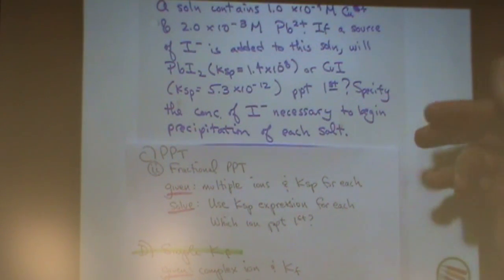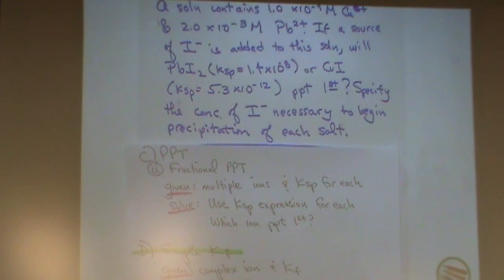Notice multiple Ksps are given. That's another hint, it's this kind of problem. You're going to plug it into the Ksp expression. Notice you know K for both, and then you know the copper concentration and the lead concentration. The unknown is the other ion that you're adding, in this case the iodide ion. The one that gives you the smaller concentration for iodide ion is the answer.